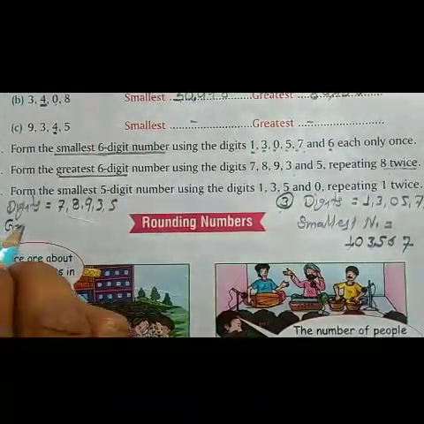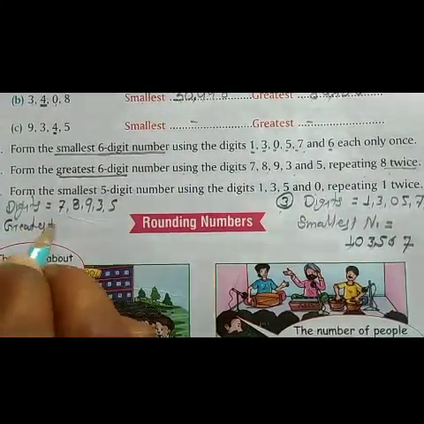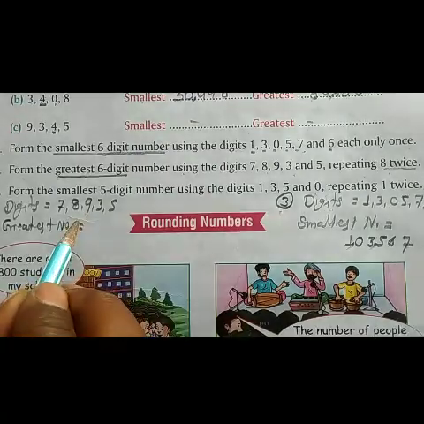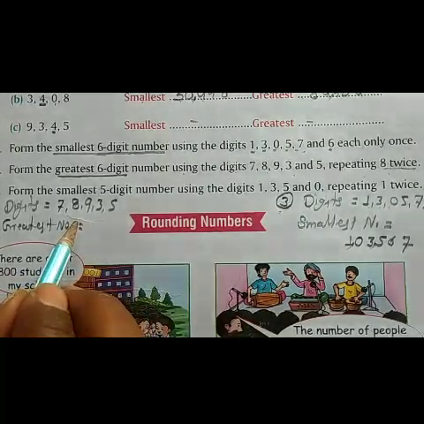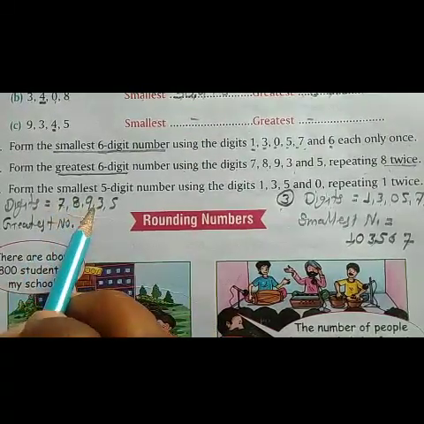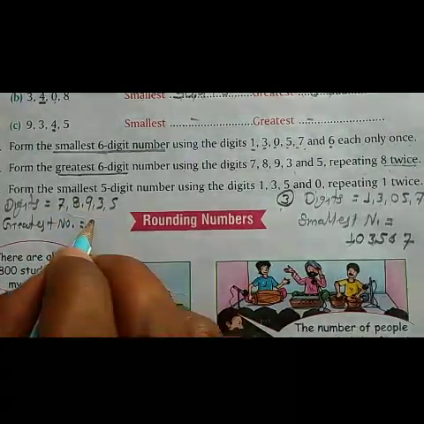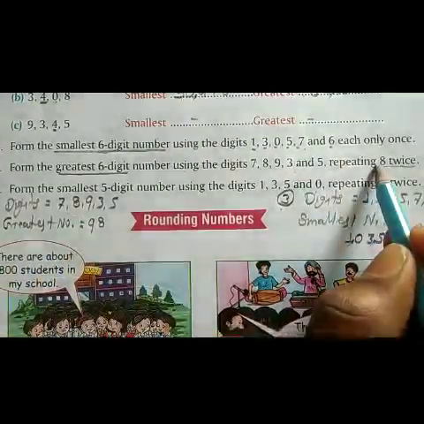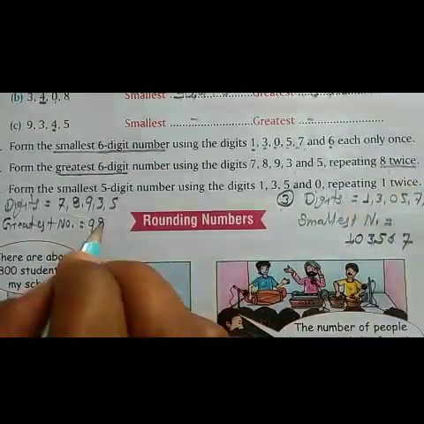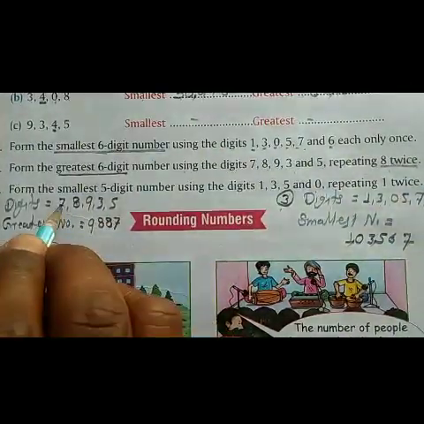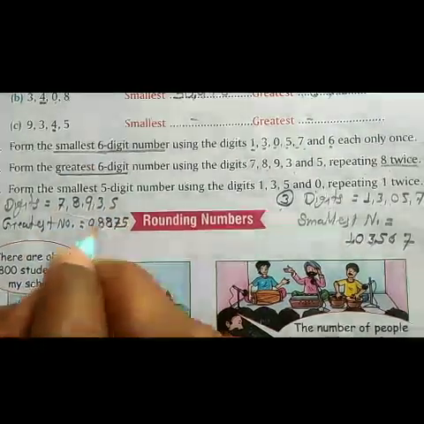So write here, greatest number equal to. To form the greatest number, place the greatest digit first. It means arrange the digits in the descending order. First of all, place 9 and 8. Our condition is 8 twice, means repeat 8 2 times. So 8, 8, then 7, 5 and then 3.